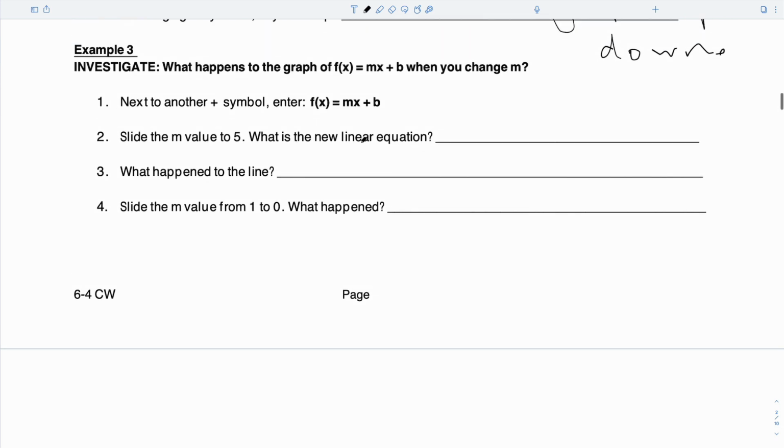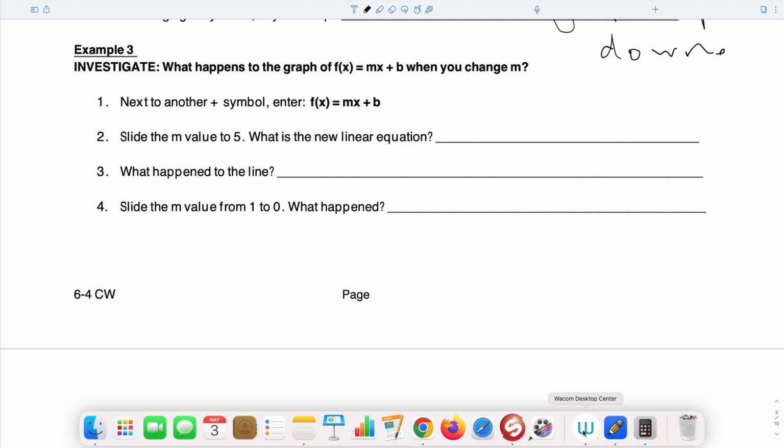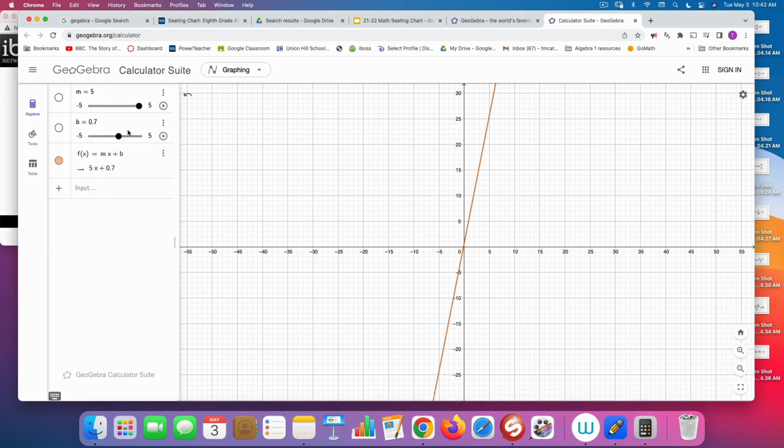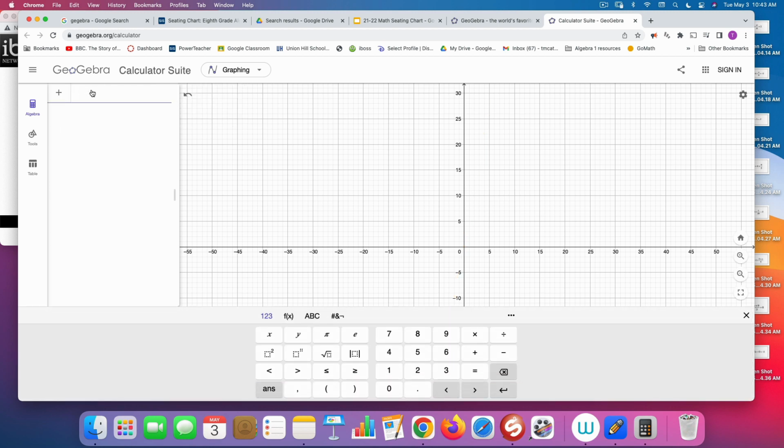All right, third example. Let's go back to our GeoGebra line. Hit delete, and go back to a blank. m value.